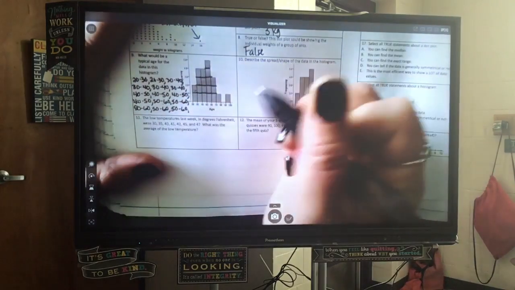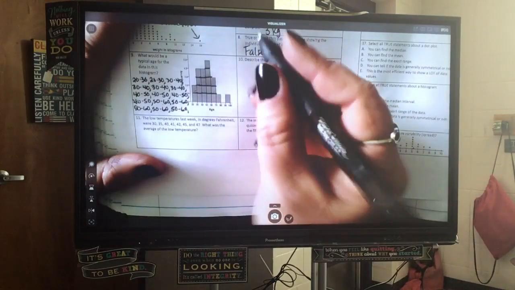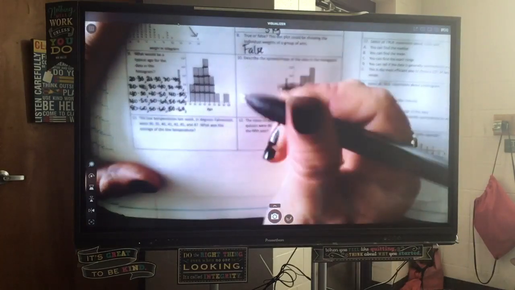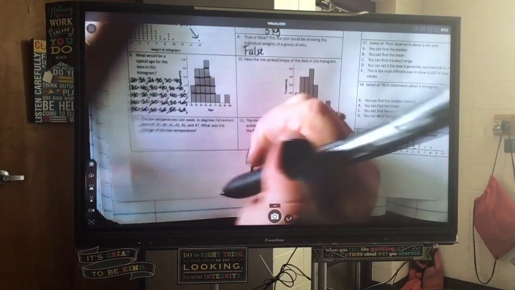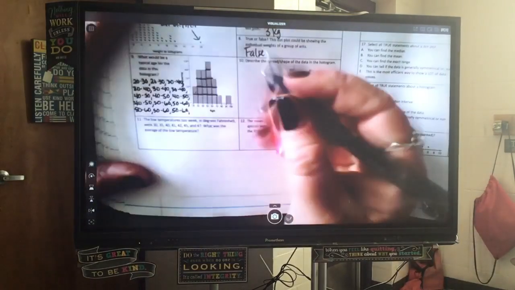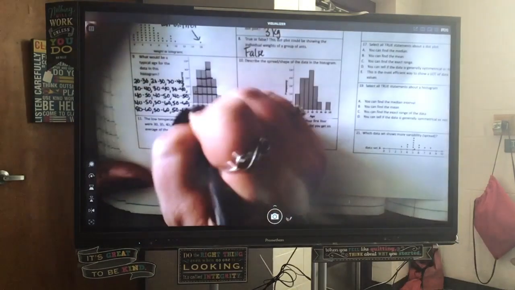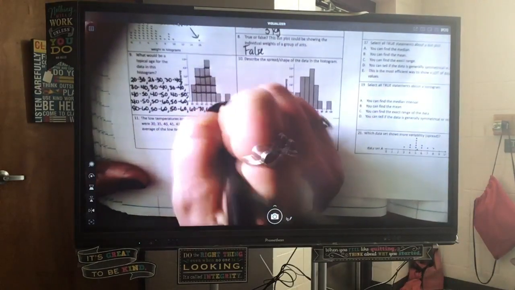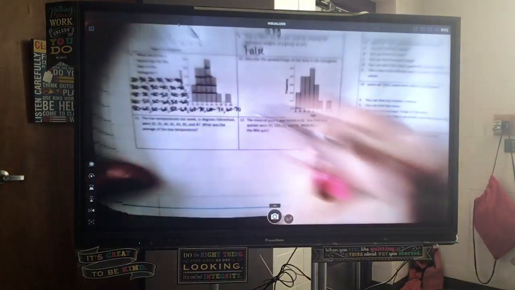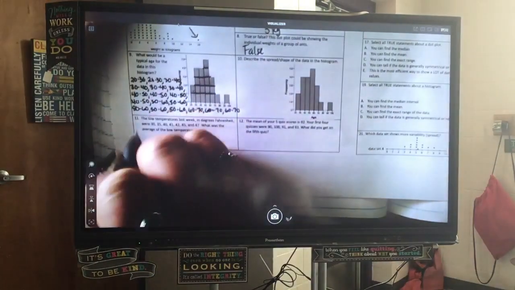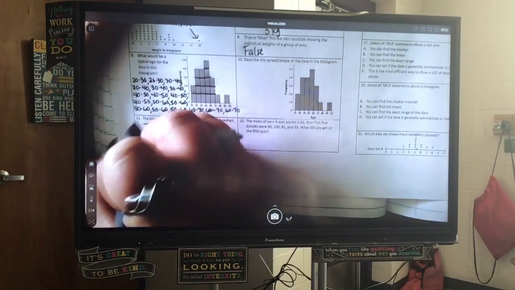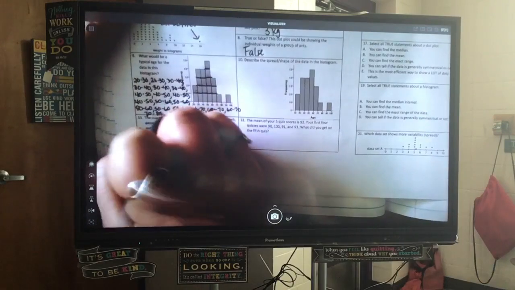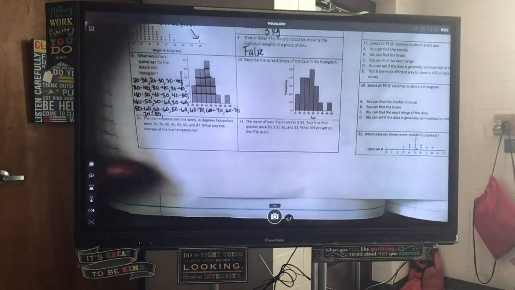Okay, how many 60 to 70s? I don't know why y'all are not writing this down. So then I'm gonna do 60 to 70, 60 to 70, 60 to 70. How many 70 to 80s do I have? 1. And then how many 80s to 90s? 0. And then 90 to 100.